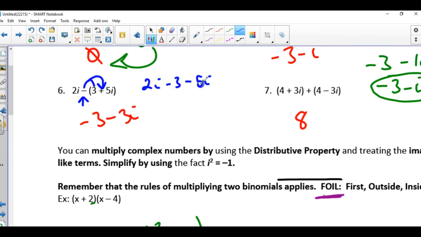Now, I'm going to put real with real and imaginary with imaginary. The only real part is right here, -3. So -3 is real. For the imaginary parts, 2i and -5i go together. All right, I just do the operation. 2i minus 5i is -3i. 2 minus 5 is -3. There you go.